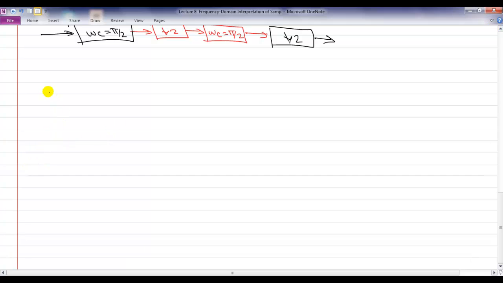There is a similar identity for the case of interpolation or upsampling. That identity again has very similar expressions.